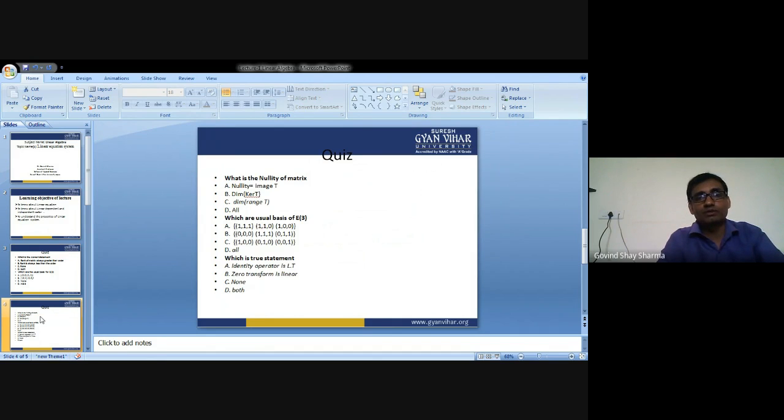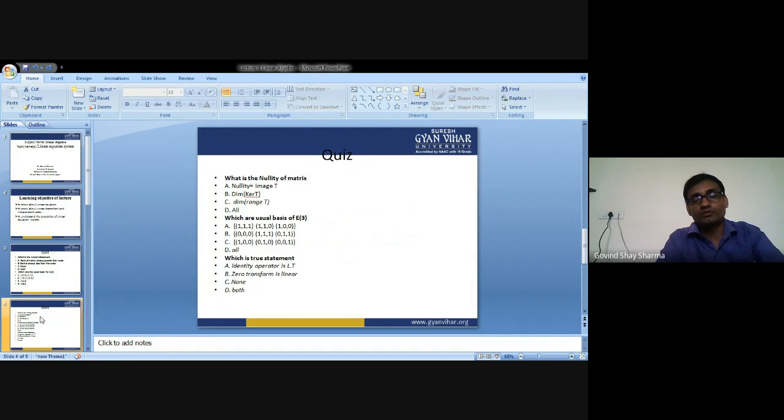Nullity is the dimension of the kernel. The dimension of the range of T is called rank, so nullity is the dimension of the kernel. So here also B is the right option.